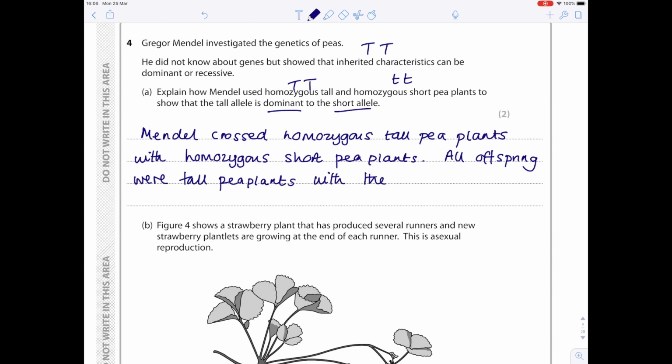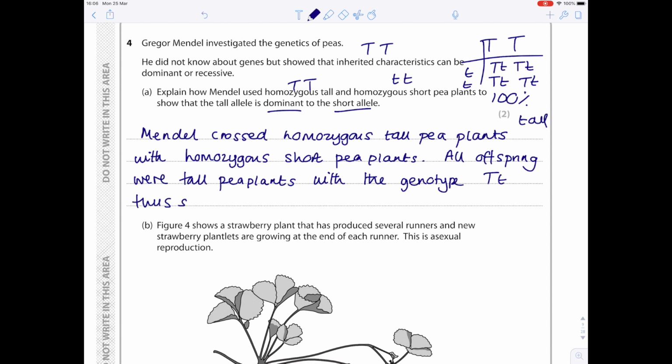And crucially, their genotype, if I draw a small Punnett square up here, so we've got a tall pea plant being crossed with a short one. Here's your Punnett square, so that's 100% would be tall, thus showing that the tall allele is dominant.